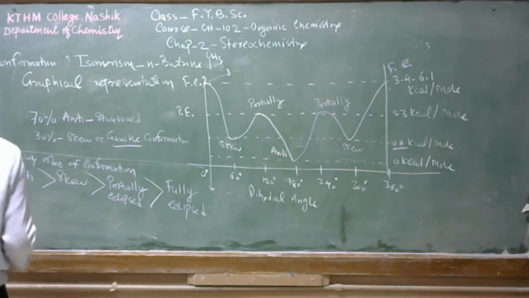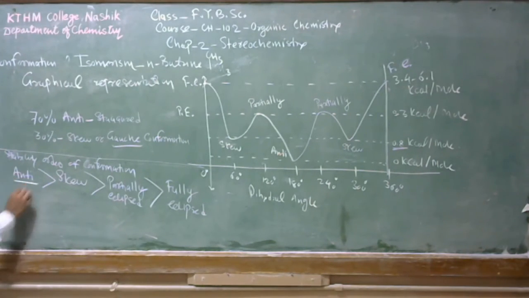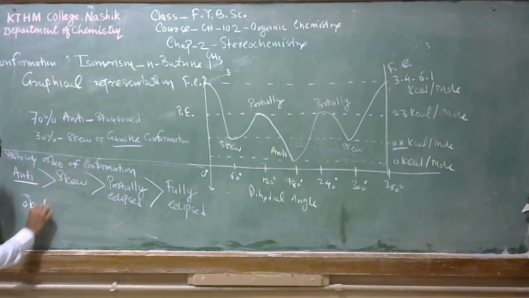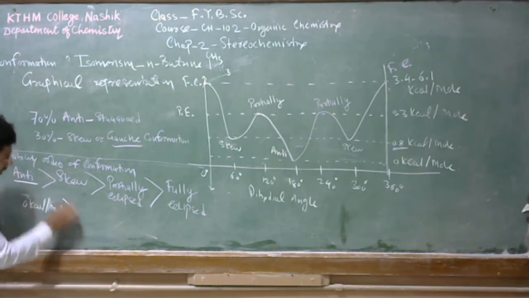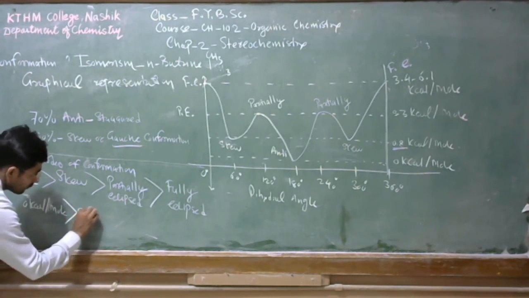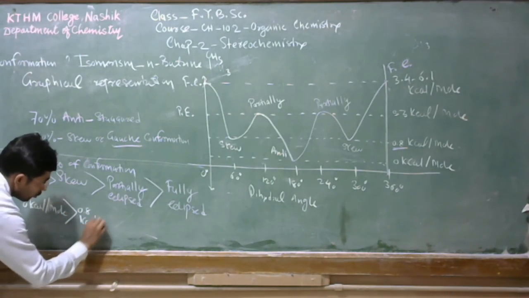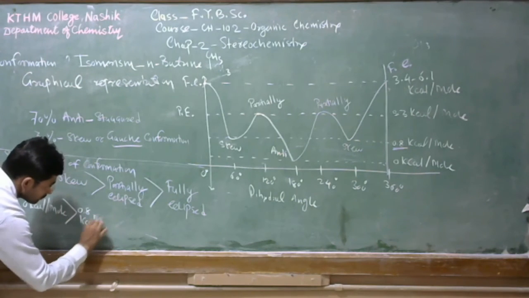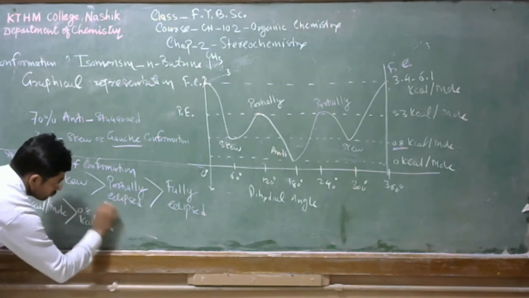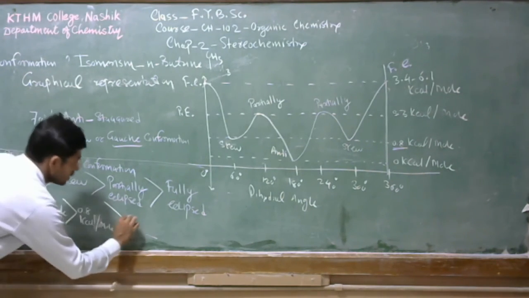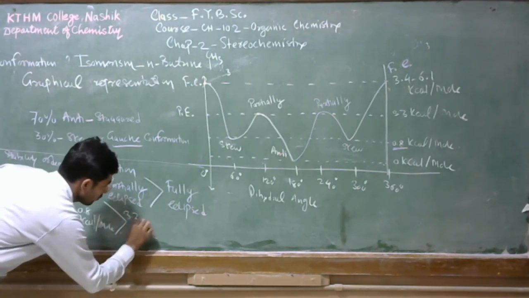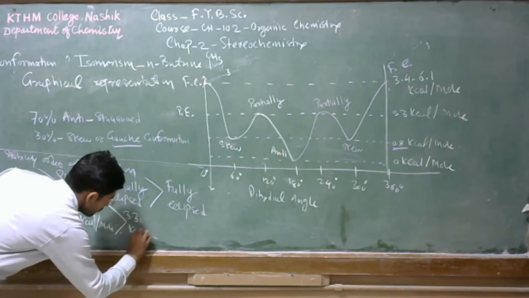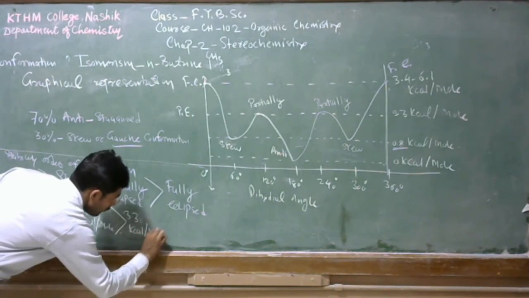So this is the most stable point, anti, which is 0 kilocalorie per mole. The energy content of this conformation is 0 kilocalorie per mole. Skew has the energy 0.8 kilocalorie per mole. Partial eclipse is near about 3.3 or 3.4, we can write; in this range we observe the energy.